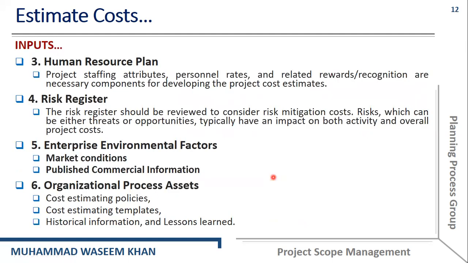Then we need the human resource plan. The project staffing attributes, personnel rates, and related rewards and recognition are necessary components for developing the project cost estimate. So this is all about the human resources, their attributes, their rates, and the rewards and recognitions. All of these things are very important for developing the project cost estimates.